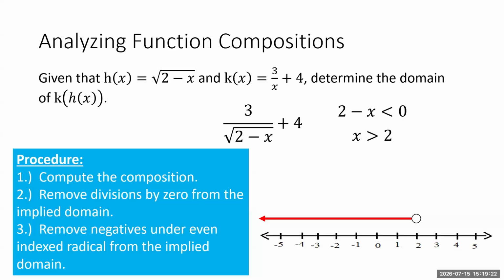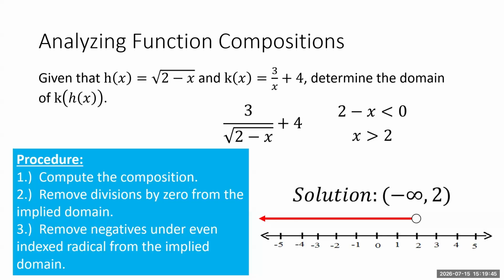What we are left with now is our actual domain, represented with an open circle at the point x equals 2, and our red line, which is our resulting domain, is a ray extending indefinitely to the left.